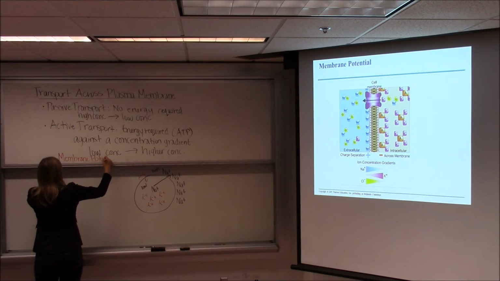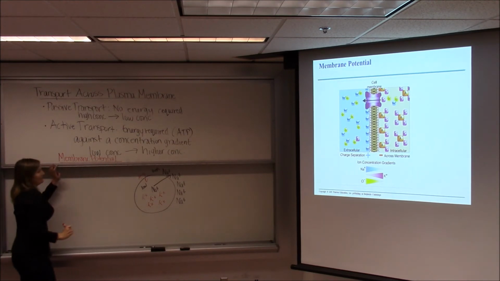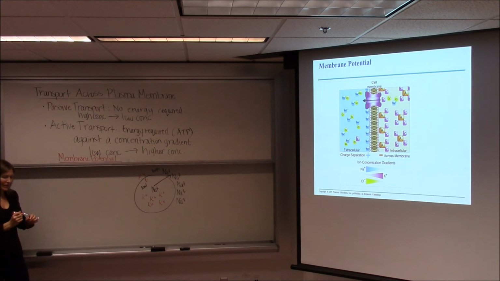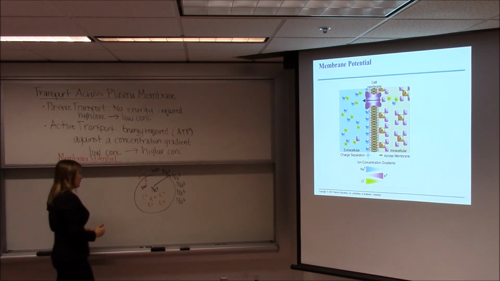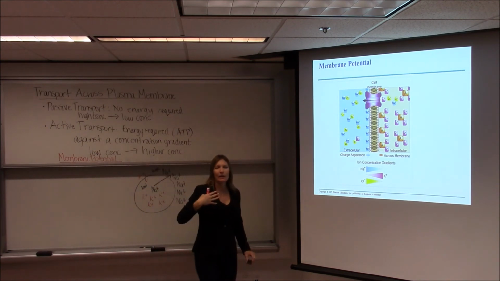Nerve impulses, everything you do requires a nerve impulse. And membrane potential is very important to understand. There are going to be times where we need to move ions in and out of a cell to create a net electrical charge on one side of the membrane.